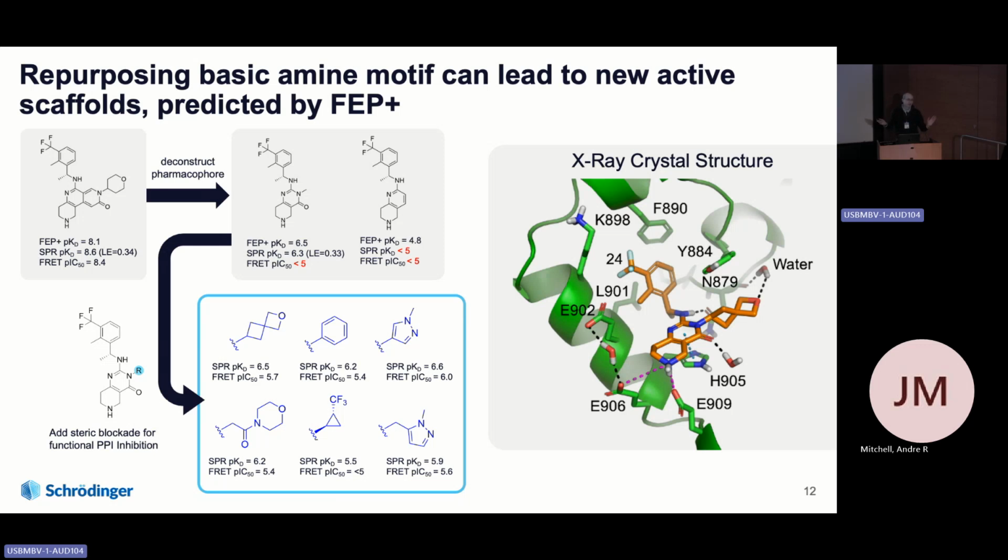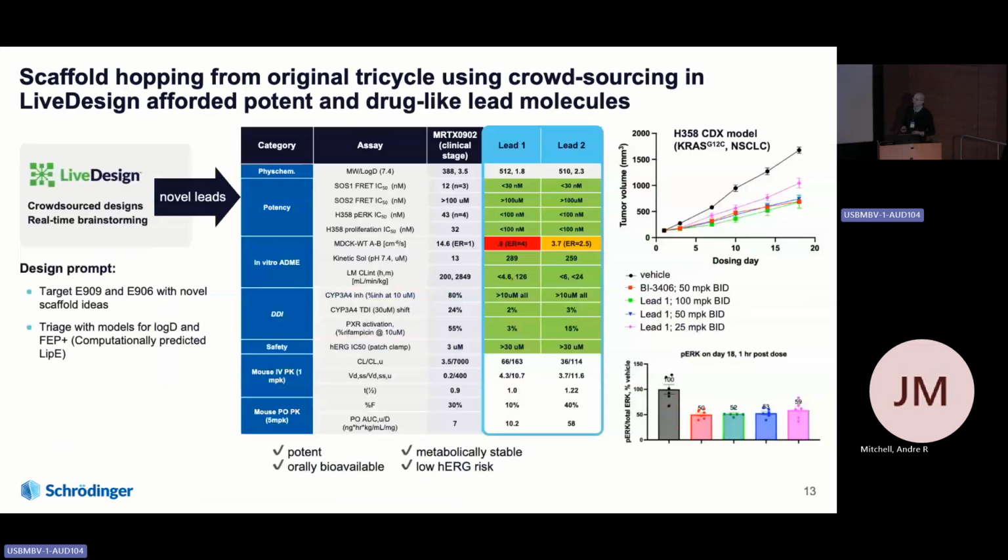So we did something that I think is a lot of fun. We opened this up to the broader team, and we basically performed an organization-wide scaffold hopping exercise where we used Live Design, which is our enterprise informatics platform, and let users from different teams sketch in ideas.